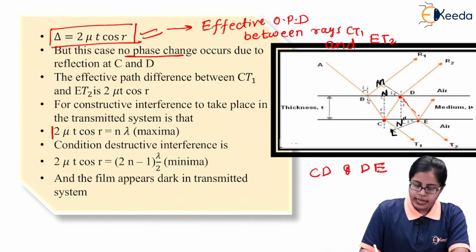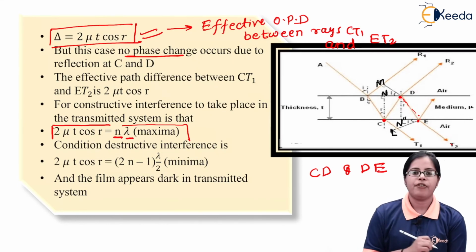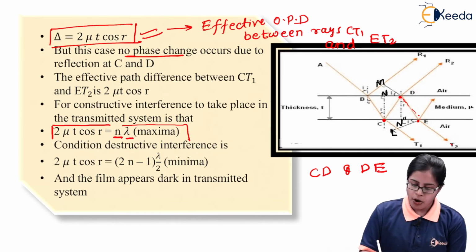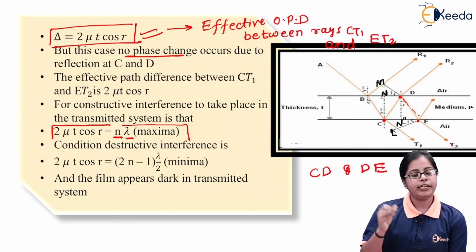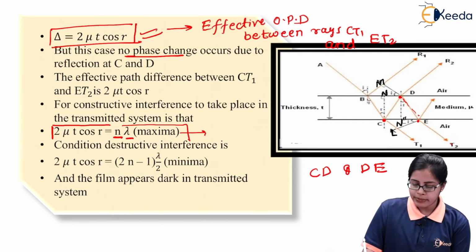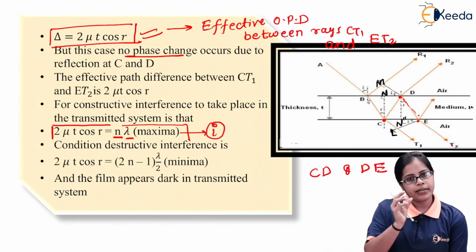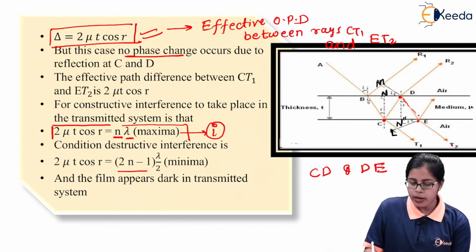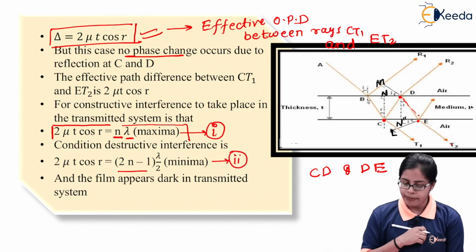So you can see that we have equated the optical path difference to an integral multiple of lambda. So if the optical path difference 2 mu t cos r equals an integer multiple, n times lambda, that is the condition for maxima, or constructive interference. But if the optical path difference is equal to an odd multiple of lambda by 2, then it is the condition for destructive interference, or the minima point, or the dark band.